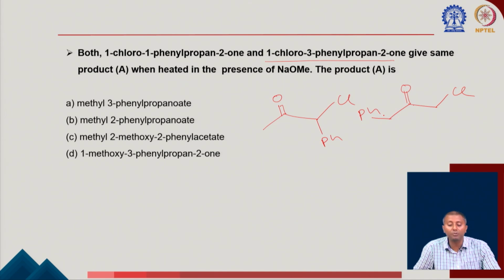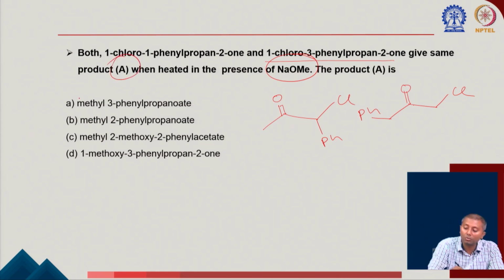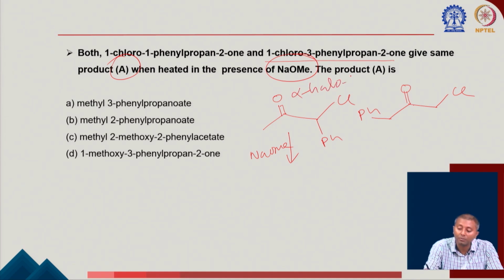So now they are saying if you treat them with sodium methoxide, you end up giving same product A. So what will happen if you treat with sodium methoxide here? If you remember, I talked about a reaction using alpha halo. So these are alpha halocarbonyl compounds. If you remember, alpha halocarbonyl compound treated with a base.